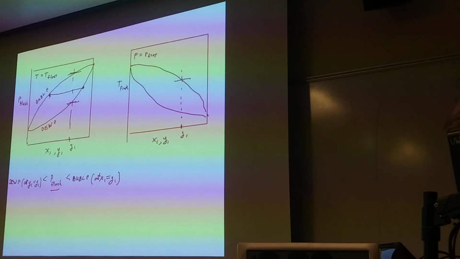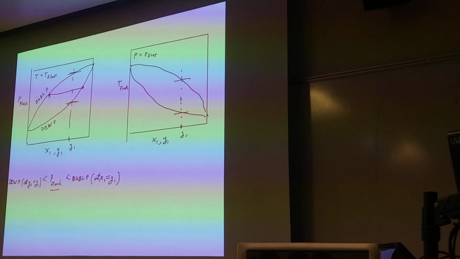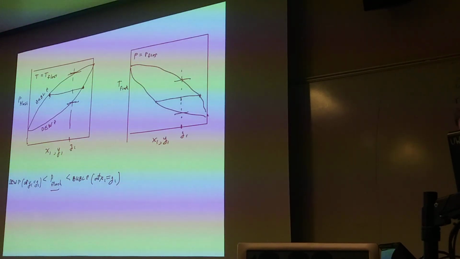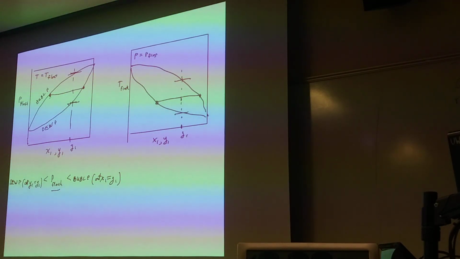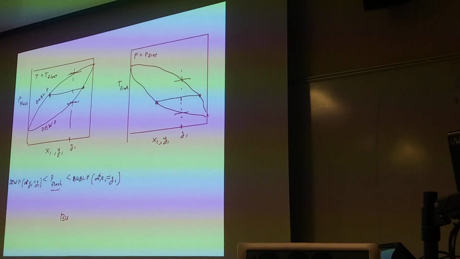That means that my temperatures have to lie in this region, so if I'm between this region and I have a tie line, I've got a split between the vapor and liquid as indicated there. Here the requirement takes a little more space to write out, but let me just write it out.